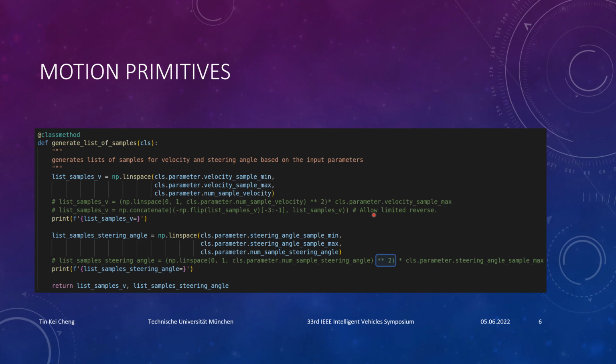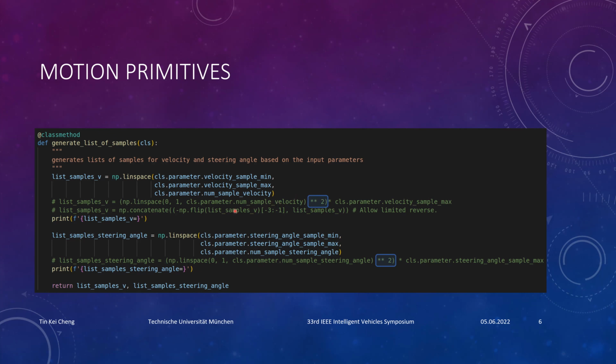So I added a square to the spacing of how the steering angle is sampled, to make smaller angle adjustments possible without increasing the branching factor too much. And similarly for the velocity, I also did something like this. This time it is to enable the motion primitive to reach a higher maximum velocity in a shorter period of time.